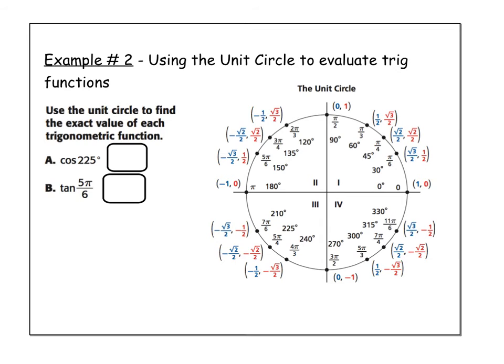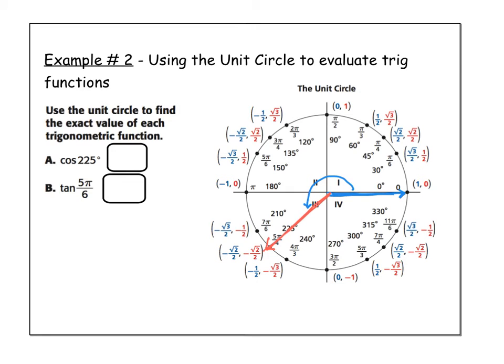Well, the first thing I'm going to say is this. The initial side's always going to start here for your angle, okay? Now, 225 degrees is the angle that terminates right here. And just so you know, 225 degrees is also going to be 5 pi over 4, you can see here. Now, the question is, what's the cosine value at 225?